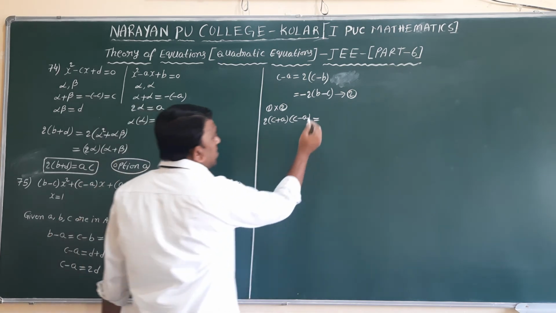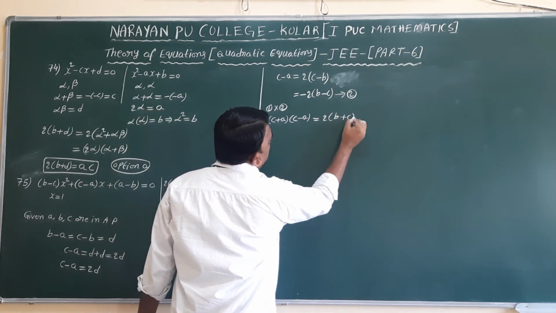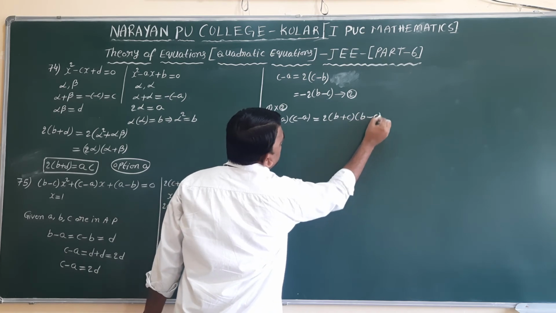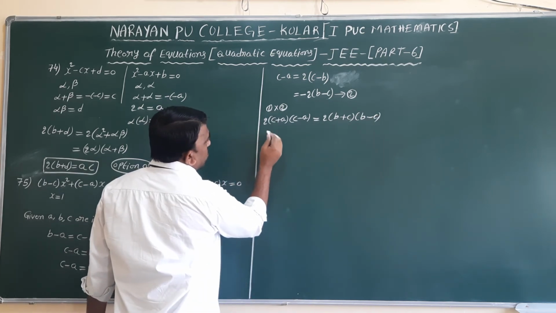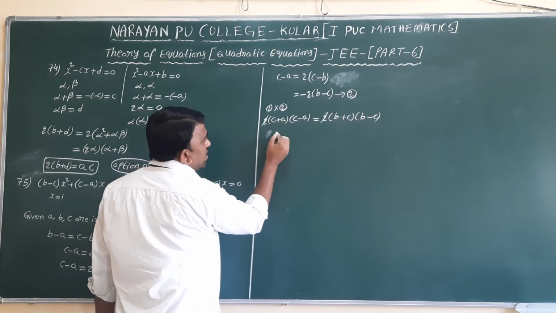And the right side, minus 2 into minus 1 is 2, B plus C into B minus C. So on both sides the 2 cancels.